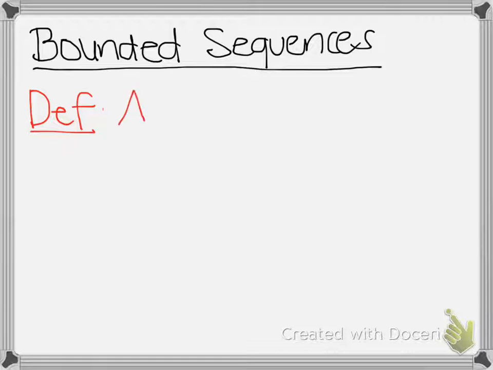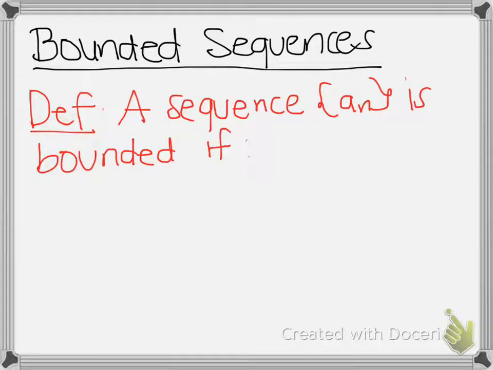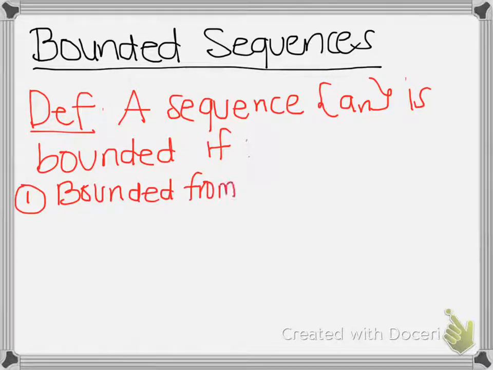A sequence a sub n is bounded if two things need to happen. One, it needs to be bounded from above.